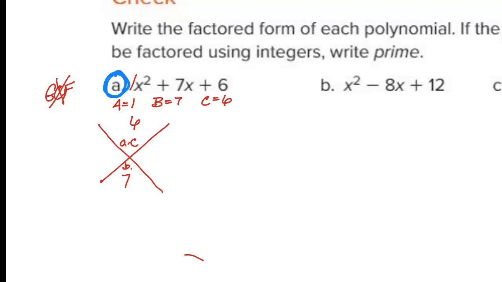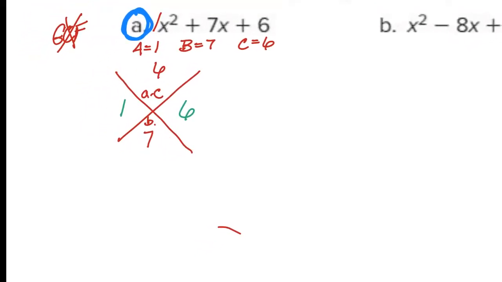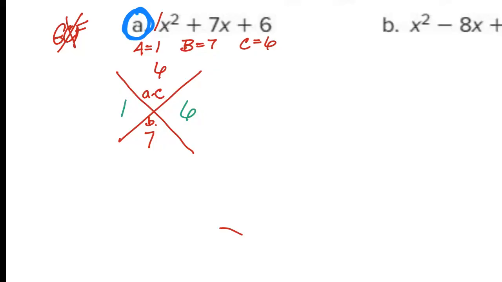Now, if B is 7, and my product is 6, there's only one answer that's going to work, and that has to be the number 1 and 6 itself. That's the only way it's going to work, right? 1 and 6.